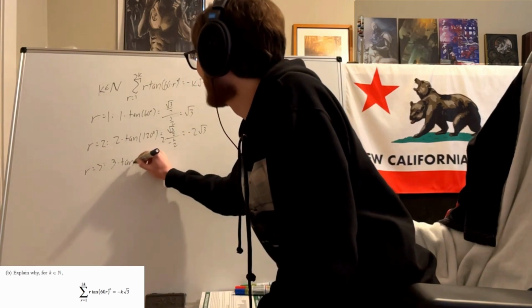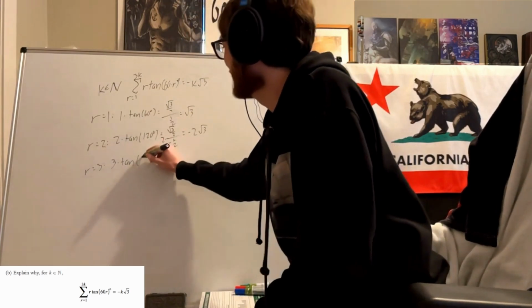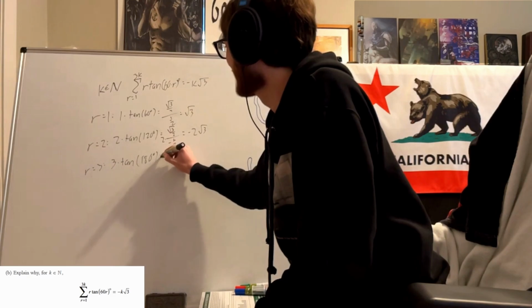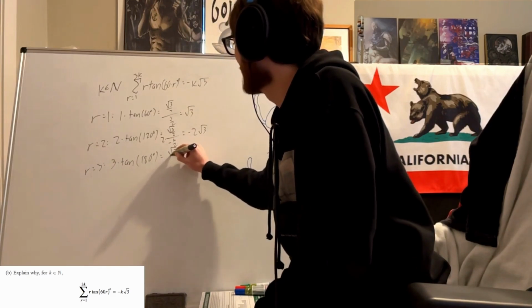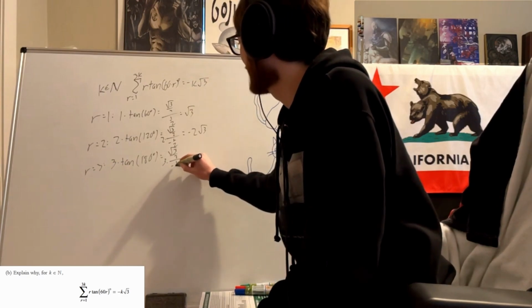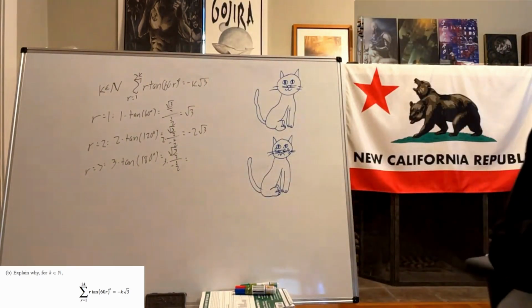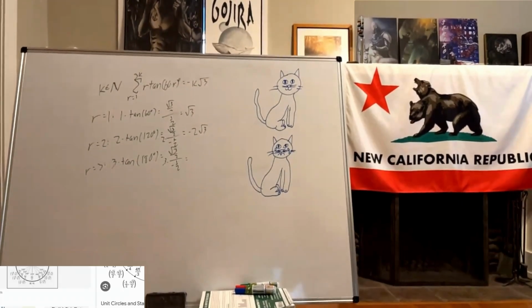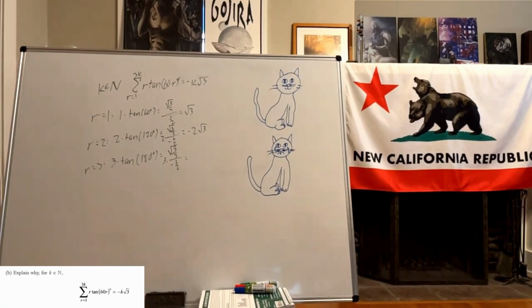For r equals 3, we have 3 times tangent of 180, which is root 3 over 2, 3 times root 3 over 2 over minus a half again. Let me verify that. 180. No! Tangent's undefined. Oh, that's mean.